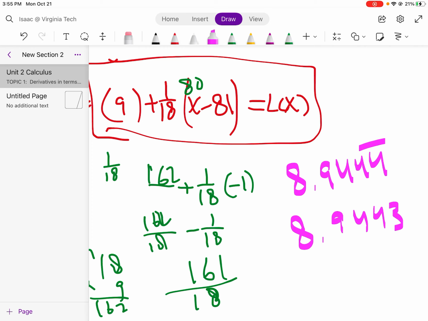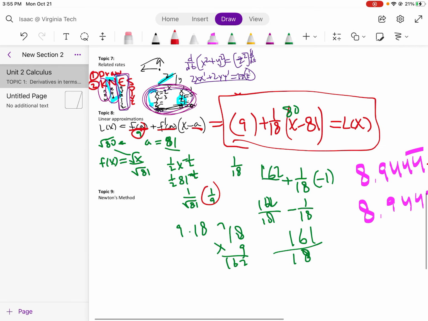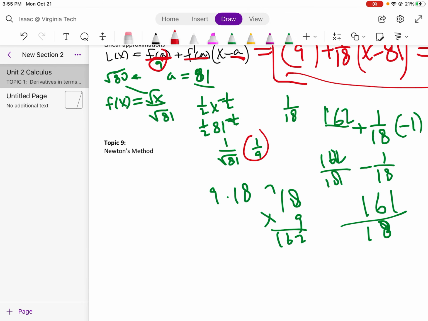So that's a lot better than us just saying it's close to 9. You see what I mean? So this got us closer. This is what they would do in the old days. Except it's still not that good, because you might say these are pretty close, but even that small amount of difference is enough to be something bad for like a structure or something. But that's linearization right there. That doesn't even matter. We're not doing something to build a bridge, right? This is just stupid calculus, right?